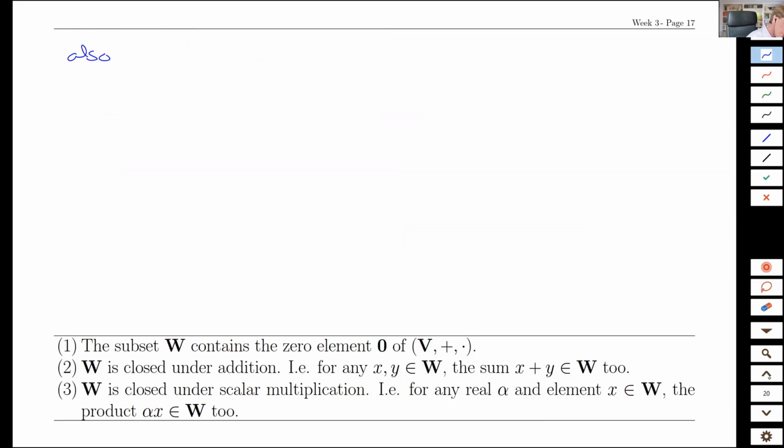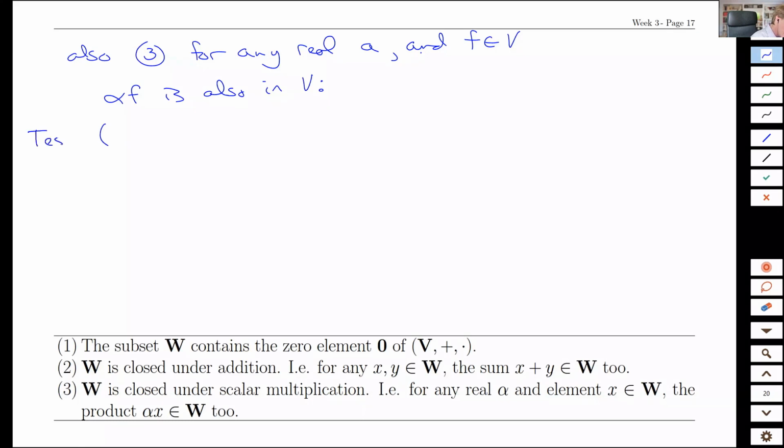Also, third, for any real number, I'll use alpha, and f part of our set V, alpha times f is also in V. We're going to prove that. Our test is to look at what we get when we take our multiplier and multiply it by our function, and we test it at our criteria point, which is 4.